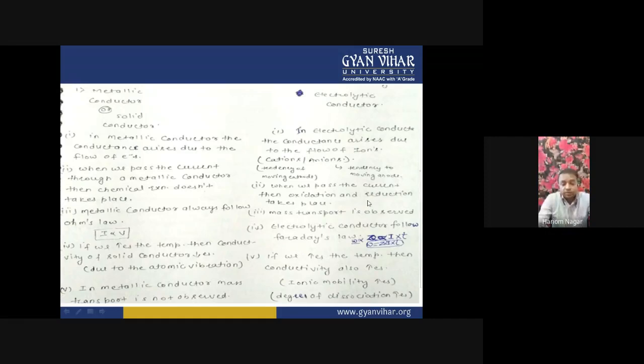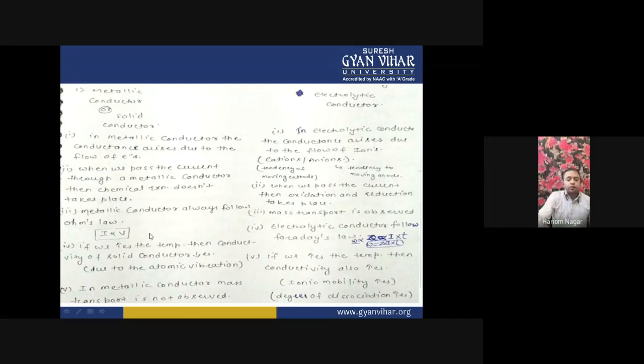It may be either oxidation or reduction, or both types of reaction may take place simultaneously. For example, in the cell, when we complete the circuit, the ions will move towards the oppositely charged electrodes.